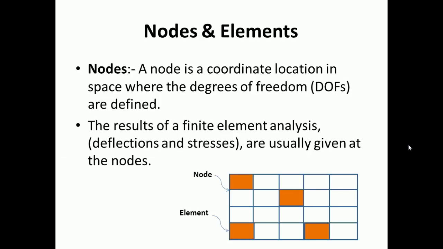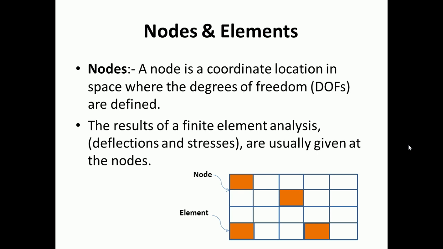Now let us discuss what nodes and elements are. Basically the nodes and elements are the basic building blocks of our finite element analysis. Now there are certain steps to perform finite element analysis, and one of them is discretization.